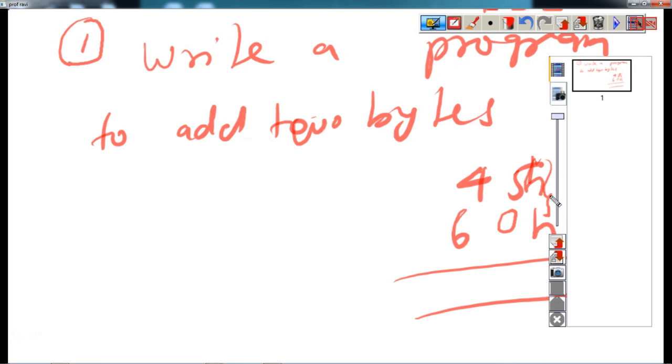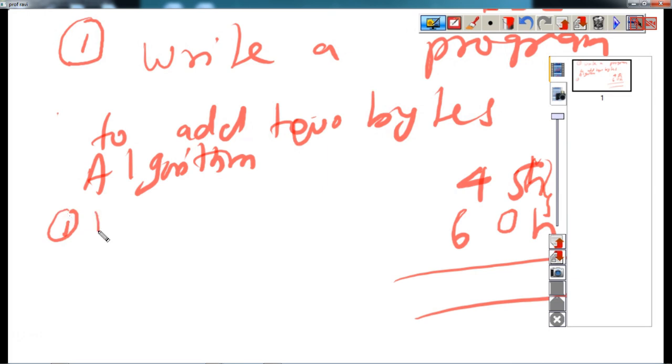Now, the moment the task is known to me, I try to develop an algorithm. How can I add these 2 bytes?